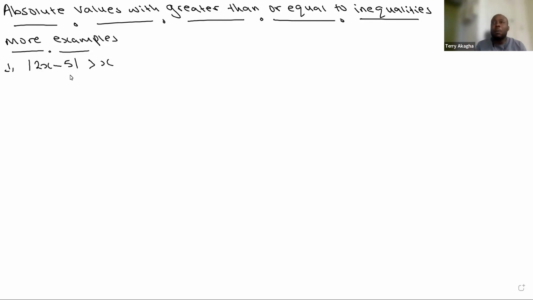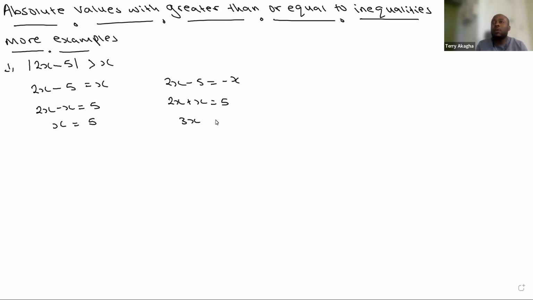All right. So remember, I told you the first thing to do is that you're going to write this for both the positive, does that make sense? And also the negative. Okay? So you take it to the other side, it's going to be 2x plus x will be equal to 5.